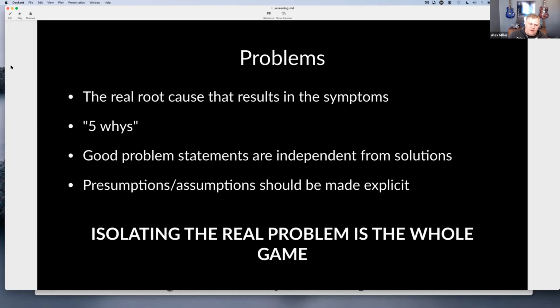So if you're going to focus on making tickets better, this is the number one best way to help with that. And it's hard. It's an iterative process, and sometimes it helps to get a second opinion from somebody else, or a third opinion even. And I'd say this is the part where we actually spend, in some ways, the most time. It's also good to make presumptions or assumptions explicit if those aren't already explicit.